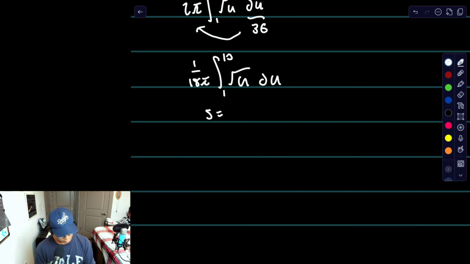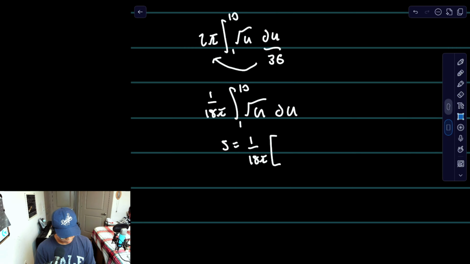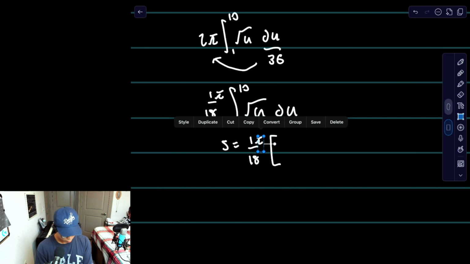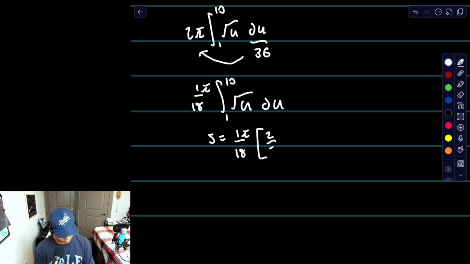Now our surface area simplifies to 1 over 18 pi times, oh sorry, I meant to put this pi in the numerator. So this is actually pi over 18, times 2/3 u to the 3/2, bounded from 1 to 10.